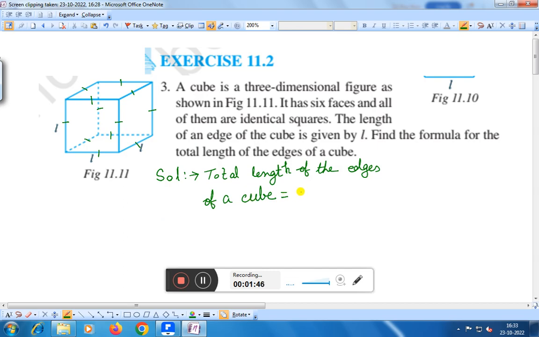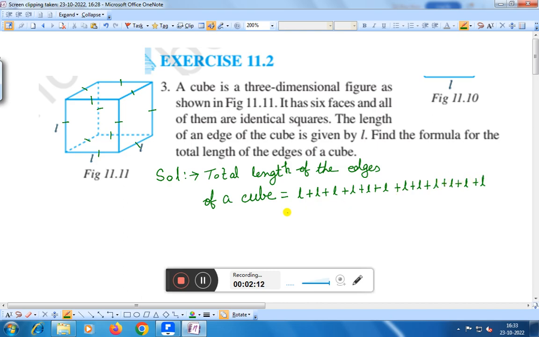Therefore, we can write or add 12L, that is L plus L plus L and so on, twelve times.